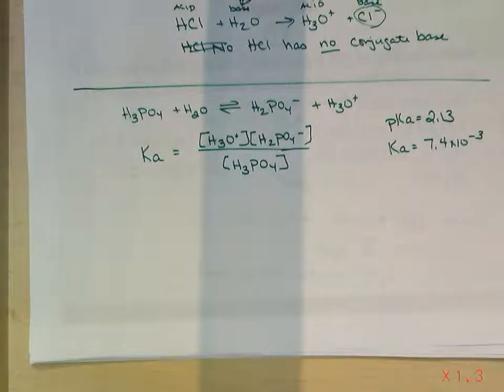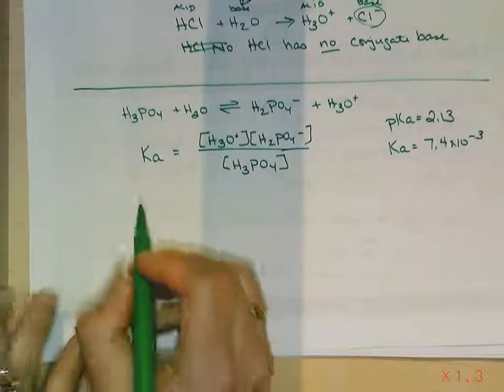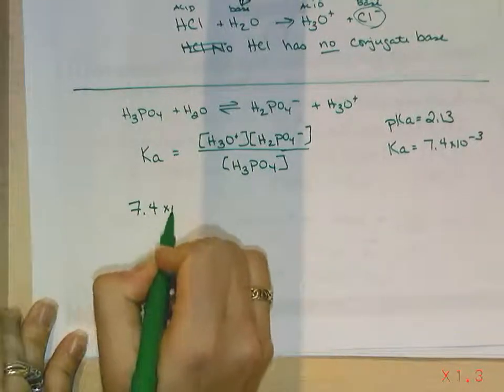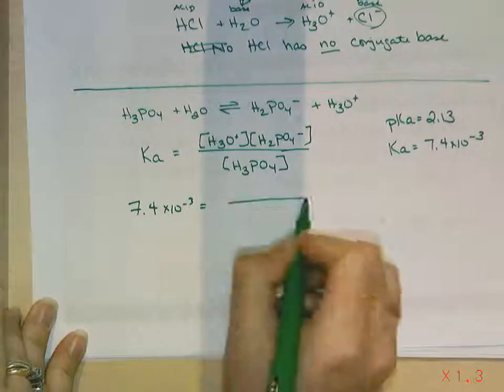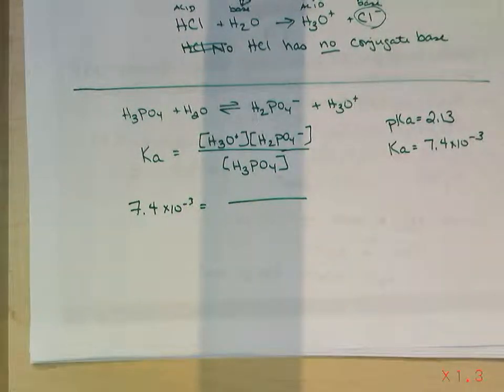All right, what other piece of information do I have that I can plug in here? So now I know this is 7.4 times 10 to the negative third equals. What other piece of information do I know about the solution? We know the pH, right? I want pH 2.5. How does that help me find any of these concentrations? You find the concentration of A3. Yeah, right.